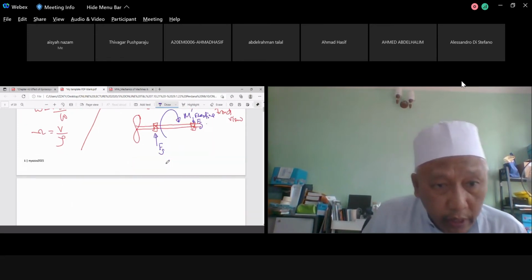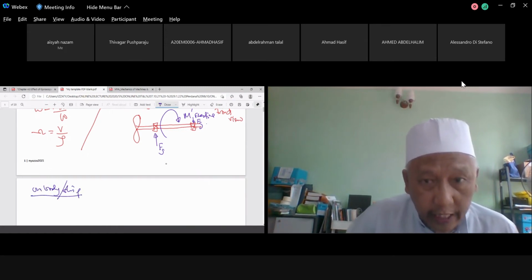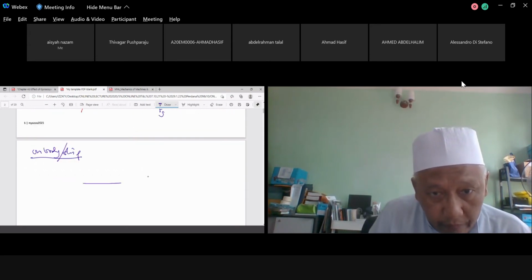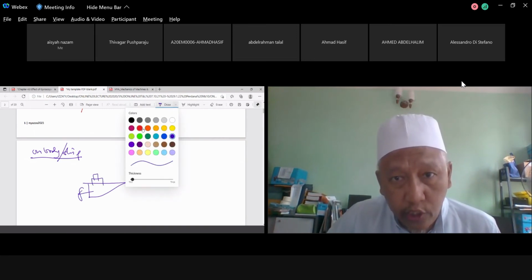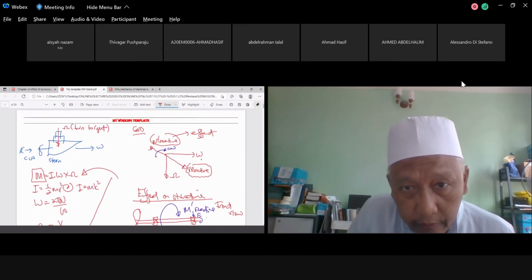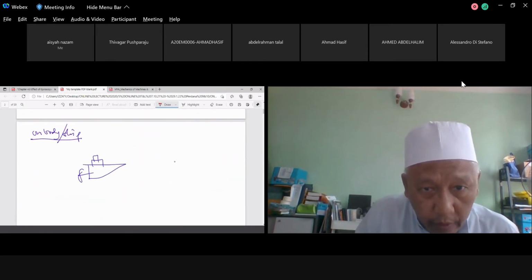On body, or you can put it on ship, for example. The effect will be, if this one is the ship, again you go back to the gyroscopic vector diagram, and you take this one, focus on the reactive, you put it on the ship. This one is M reactive.